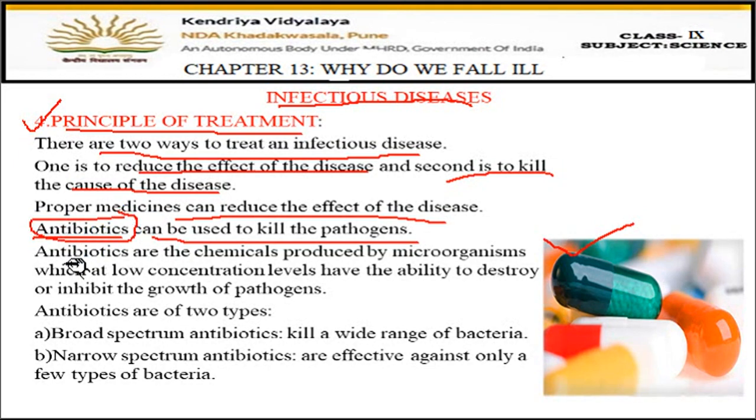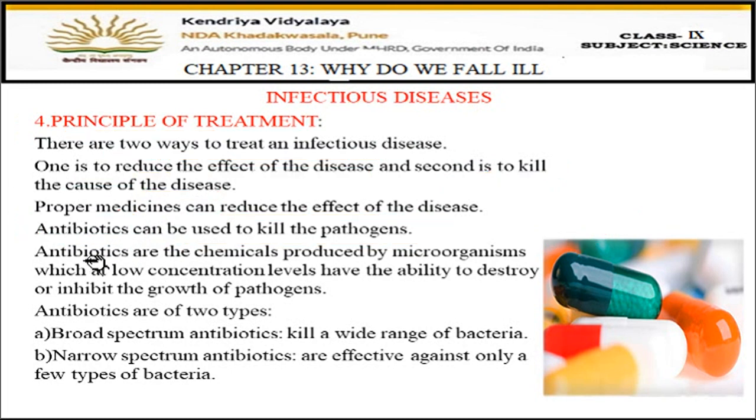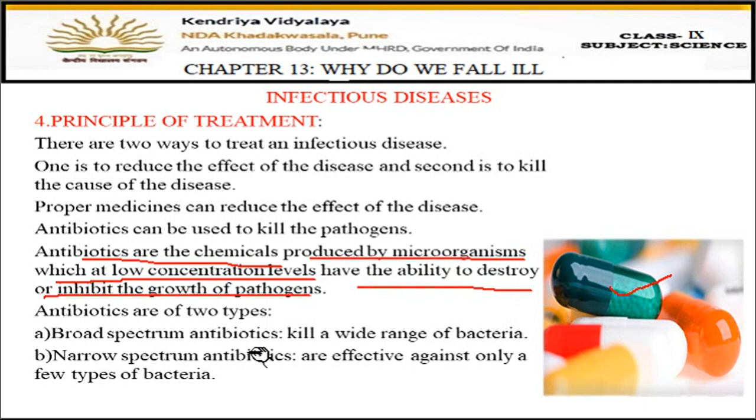Let us see what antibiotics are. Antibiotics are chemicals, in capsule form as you can see here, or in tablet form, circular or oval shaped; tablets are available in different shapes. Antibiotics are generally chemicals produced by microorganisms which, at low concentration levels, have the ability to destroy or inhibit the growth of the pathogens.